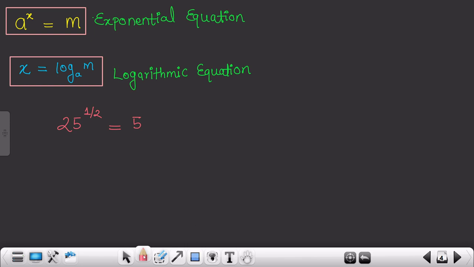But my dear students, it is not tedious. What you have to do is just equate this particular x, a and m value. So here the value of x is half, value of a is 25, and value of m is 5. So this is what we are seeing over here.